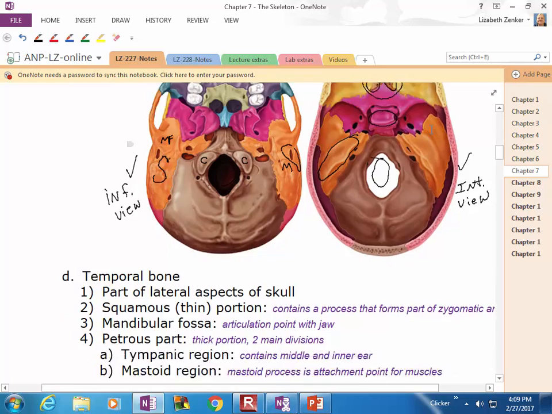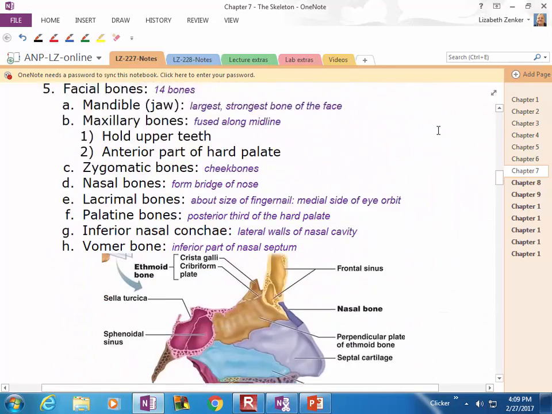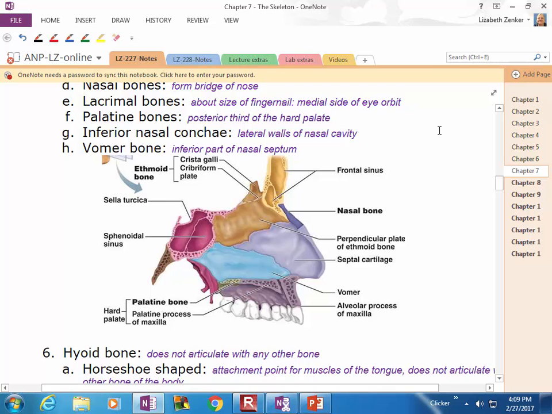If we look at this picture down here, they're showing you the ethmoid bone is kind of the tannish color here, and you have the crista galli, which is that piece that sticks up like that. You have the cribriform plate and all the holes in this area.